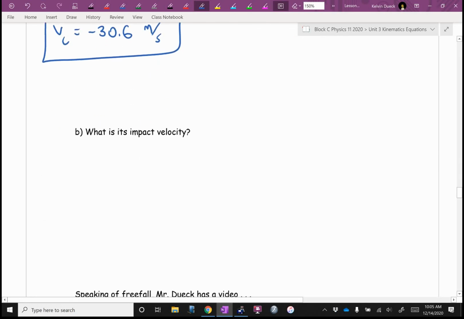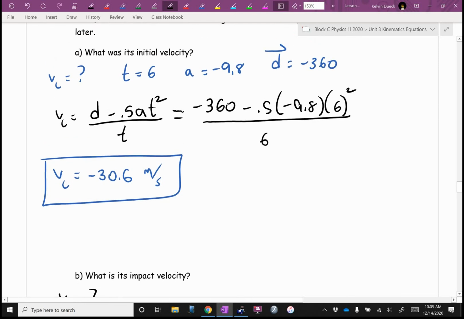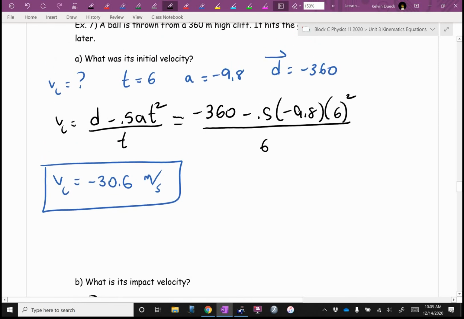B, what's its impact velocity? Not 0. What's B asking me to find? Small problem.